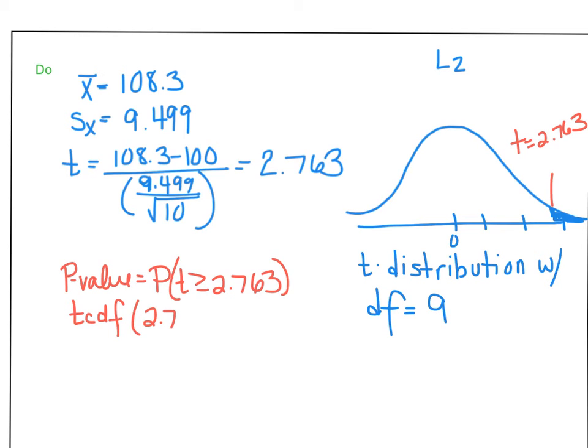My lower is going to be 2.763. My upper, go a bunch of standard deviations away, with 9 degrees of freedom. If you're going to use some calculator talk here, you better label your values: lower, upper, and degrees of freedom. All right, paste, and that gives me 0.011.